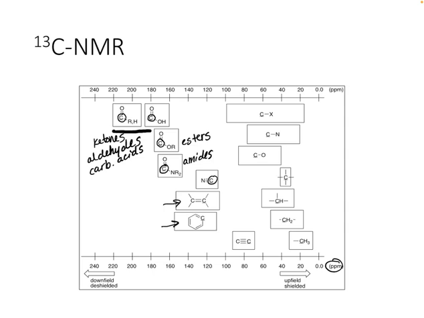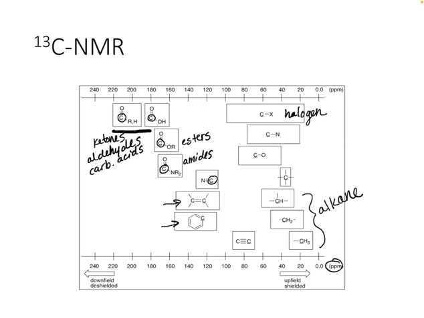Now, as we move more upfield, so to lower values, we start to see carbons bonded to a halogen, so alkyl halide carbons, carbons bonded to nitrogen, to oxygen, and then we just start to see some regular alkane carbons.